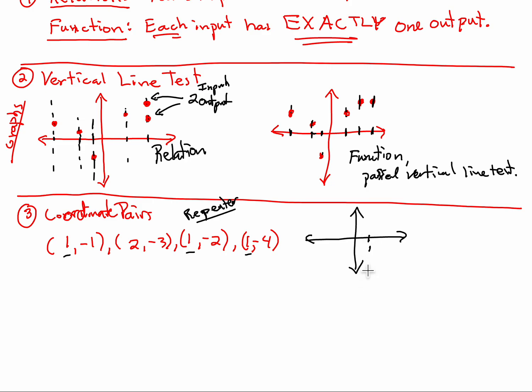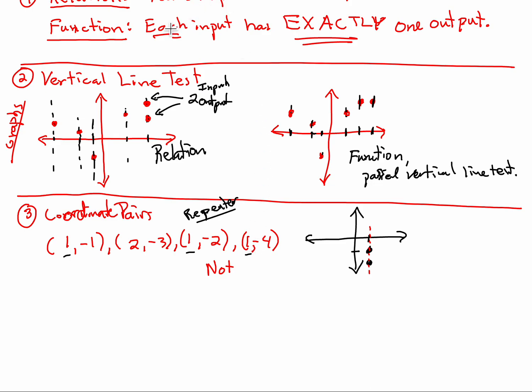So they all have a 1, and this one is a -1 down here. That's that first pair. The second pair is 1, -2 down here. And that right there, I don't even have to do the third one, tells me that it is not a function. So it's not a function because it didn't pass the vertical line test.